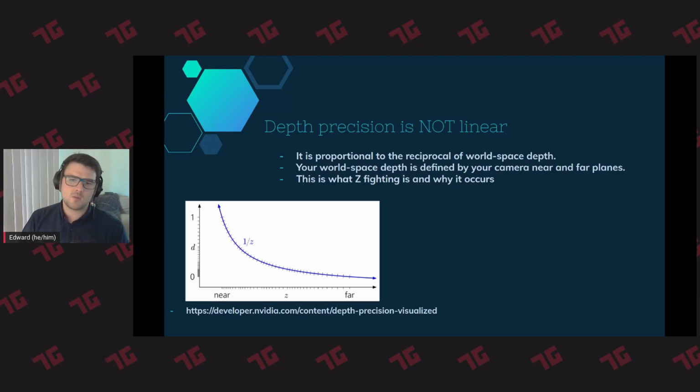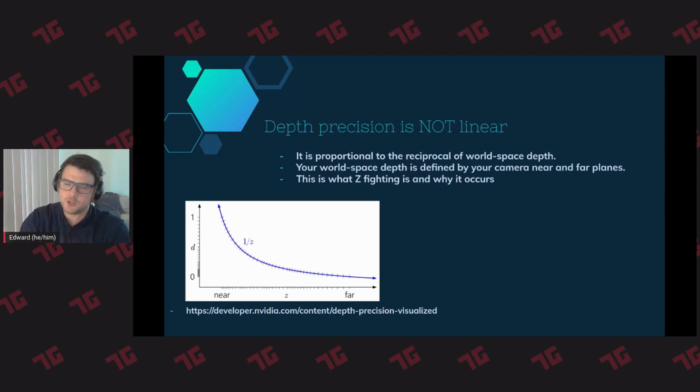So this is what happens when you see Z fighting, where sometimes an object pops in front of another one, then pops behind it. That occurs primarily because you've lost depth precision. You're far enough away from the camera, or the two objects are close enough, that your float accuracy means you're falling on one side or the other, and eventually it becomes striated bands.